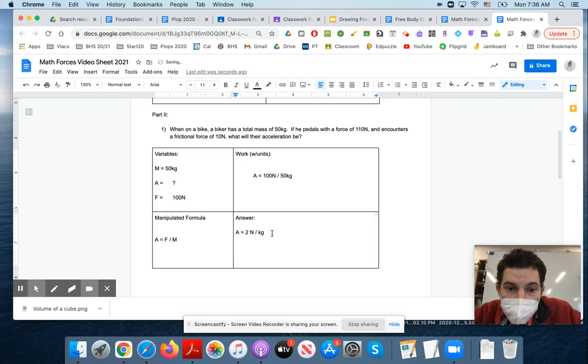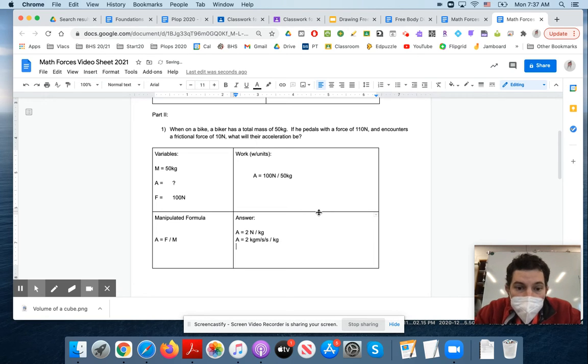Now, I want to take a pause for a second here, because newtons per kilogram doesn't really make sense for an acceleration. But I know that a newton is found by multiplying mass times acceleration. So it's going to be kilograms, meters per second per second. Mass is in kilograms. Acceleration is in meters per second per second. And I'm dividing that by kilograms.